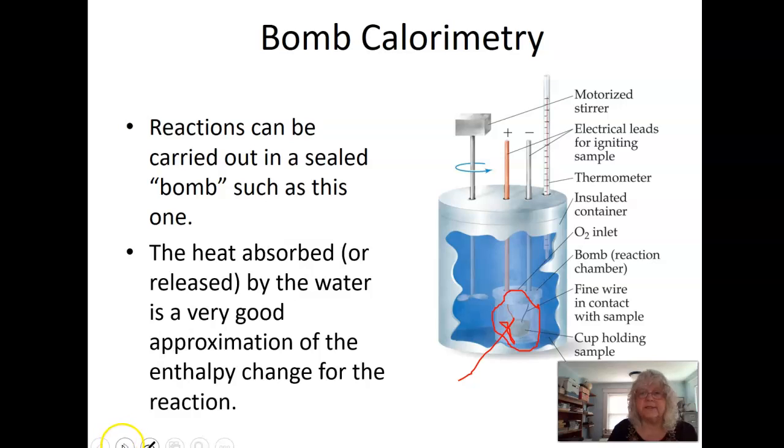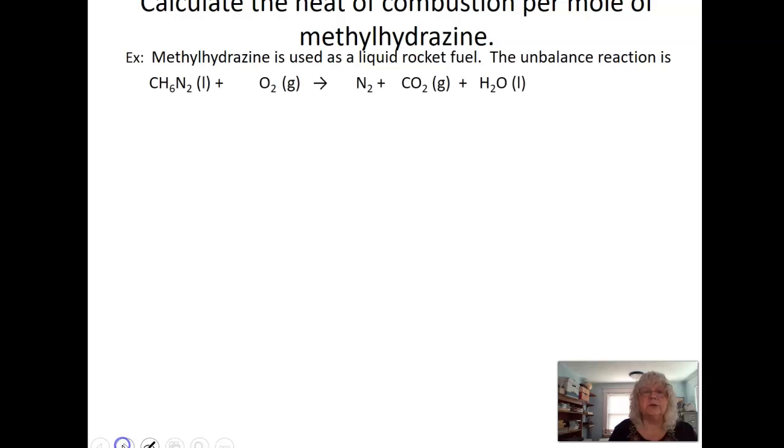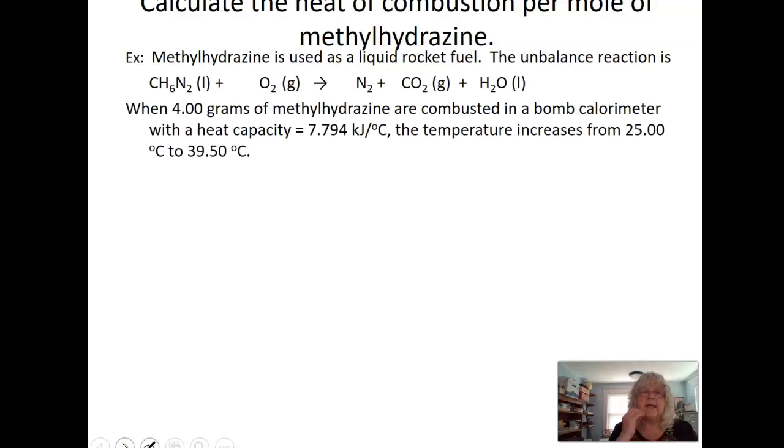So our terms are a little bit different. We still start out essentially with the same idea. We're going to do a problem to look at the heat content of methylhydrazine, a liquid rocket fuel. The unbalanced reaction is given here above. If we put 4 grams of methylhydrazine in the bomb calorimeter, and we know the heat capacity, which remember is something we would have to measure through a different experiment, so it's not something I would look up.